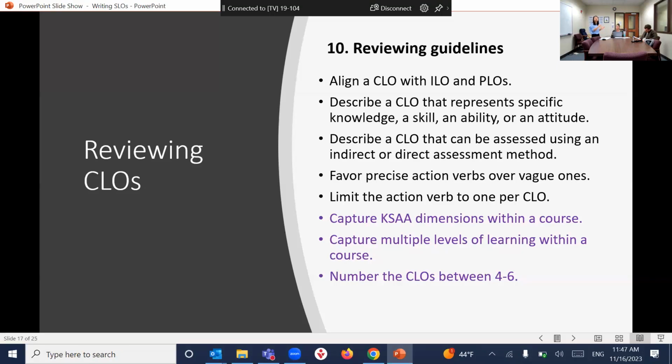And then the next guideline is to favor precise action verbs over vague ones. So what are the precise, concrete action verbs, and what are the vague ones? Understanding. Okay, if you say students will be able to understand the theory of blah, blah, blah, then understand is vague, because are you expecting students just to clarify, to explain, to describe, right?